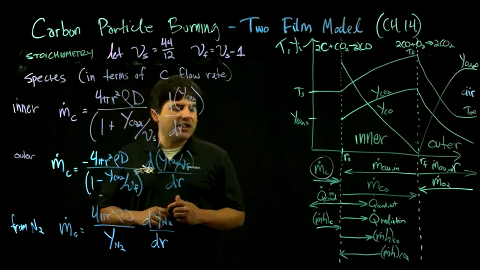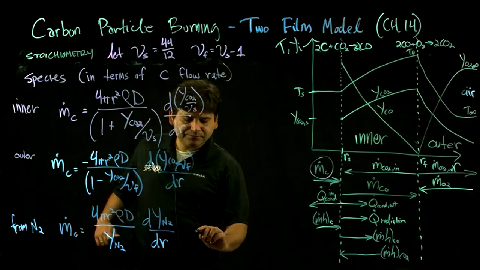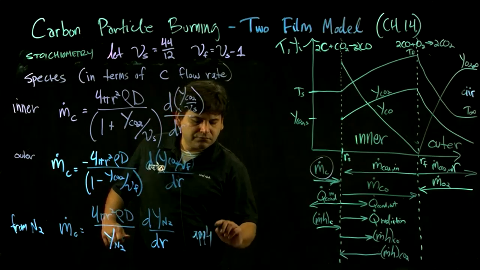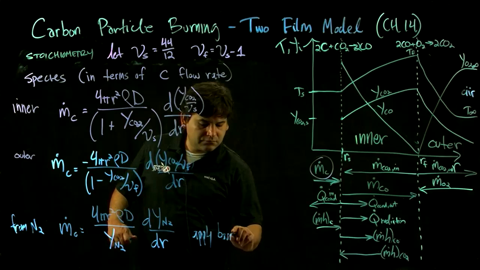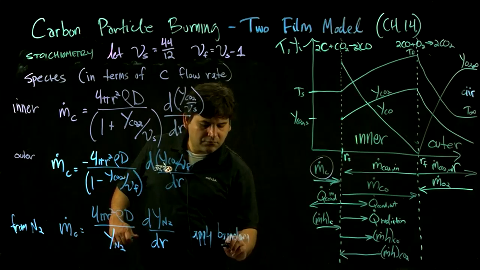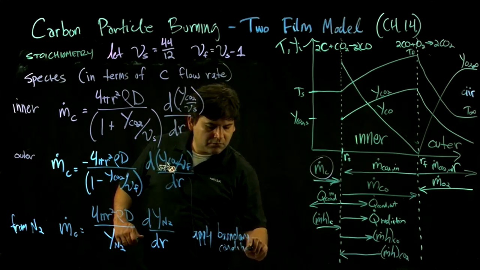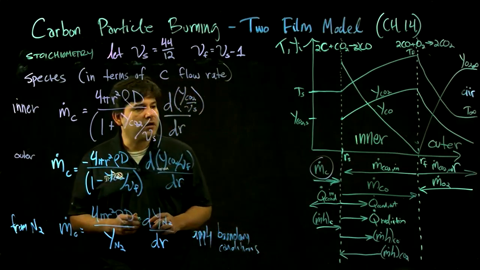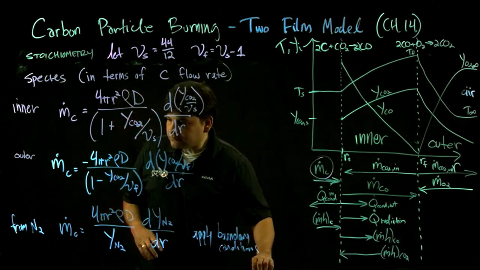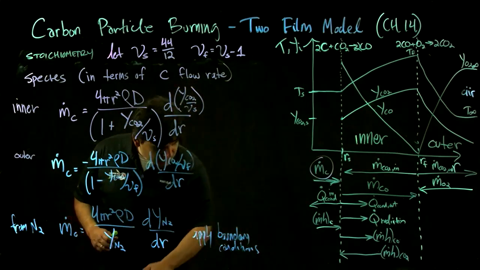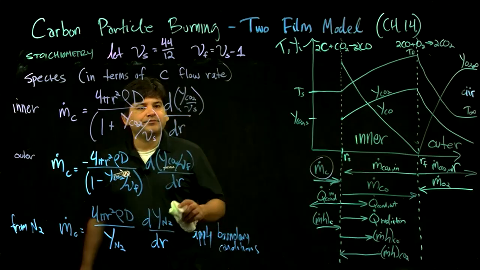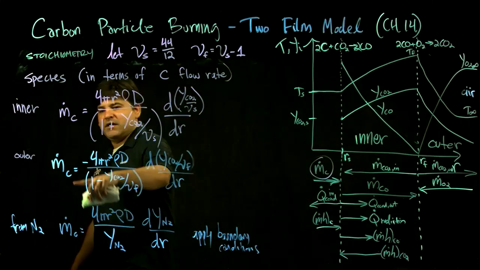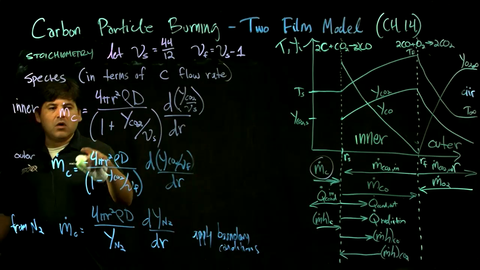So after applying boundary conditions, we should get that we have three different expressions of carbon.